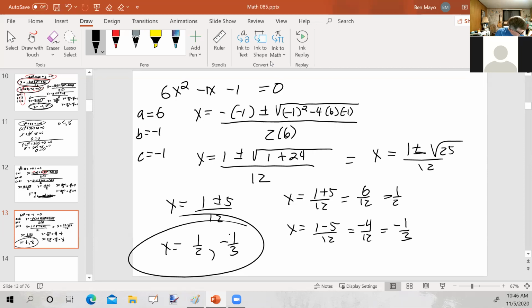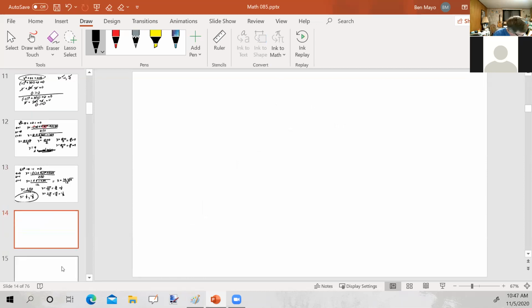Let's take a look at this next problem, which says 2x squared plus 7x equals -1. This equation is not in standard form. So the first thing we're going to do is get it into standard form by adding 1 to both sides.